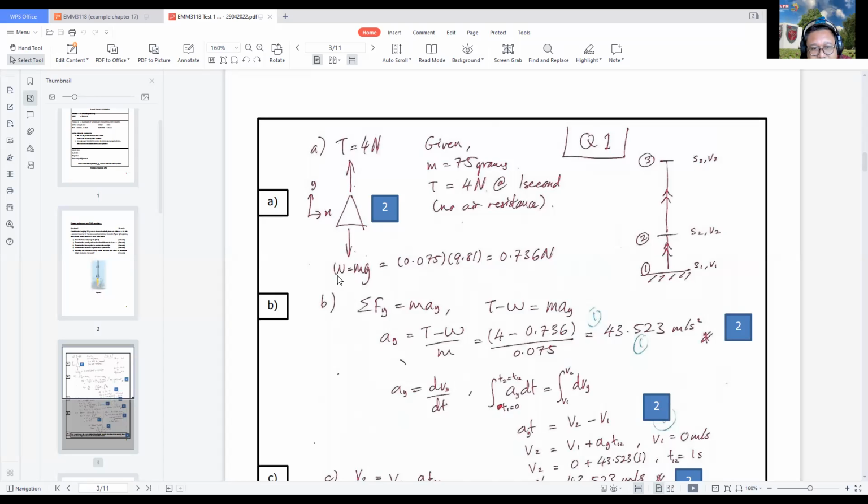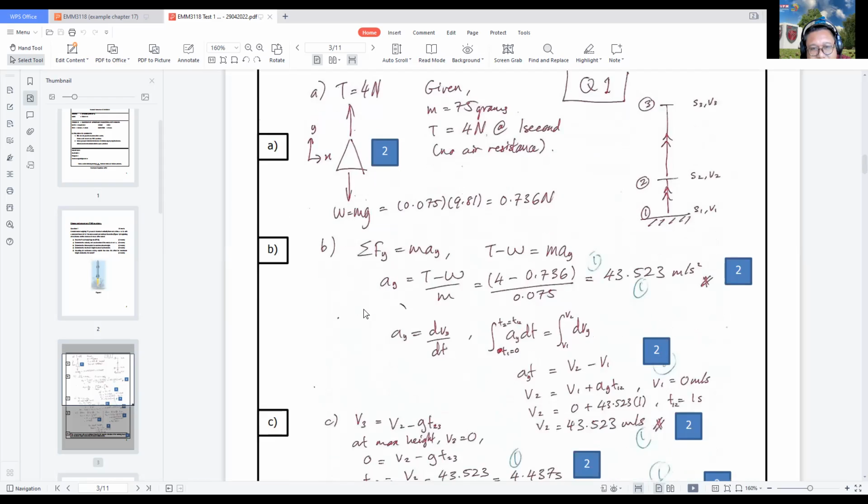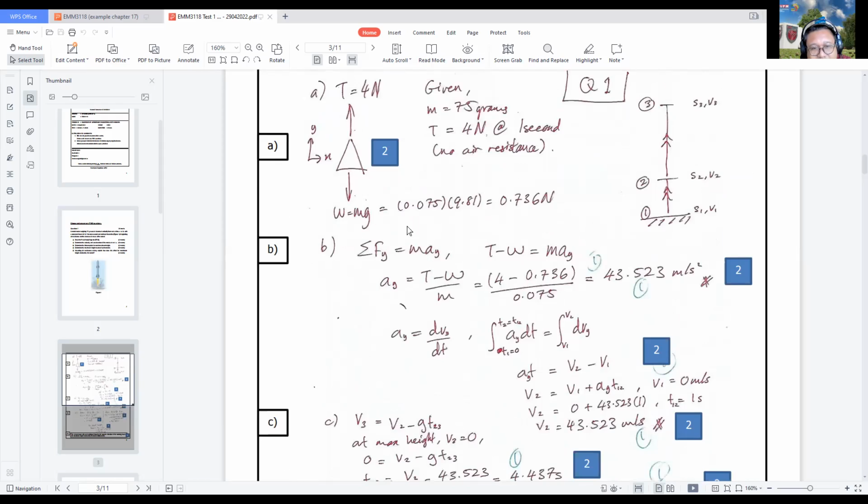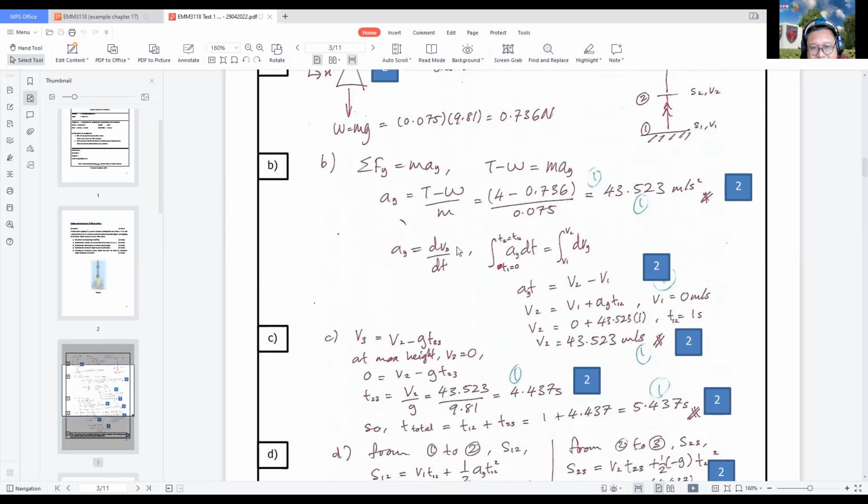First, of course, you need to calculate the weight of the rocket, and then look into the summation of forces in the y direction, where we have thrust minus weight equal to m a_y. Then you rearrange that and you can calculate a_y equal to 43.523. Then you can use this equation.